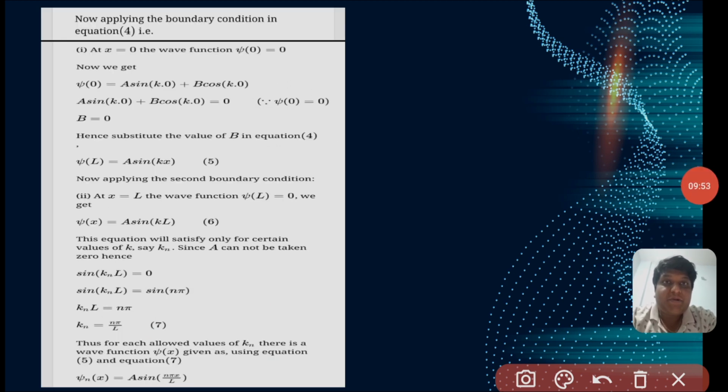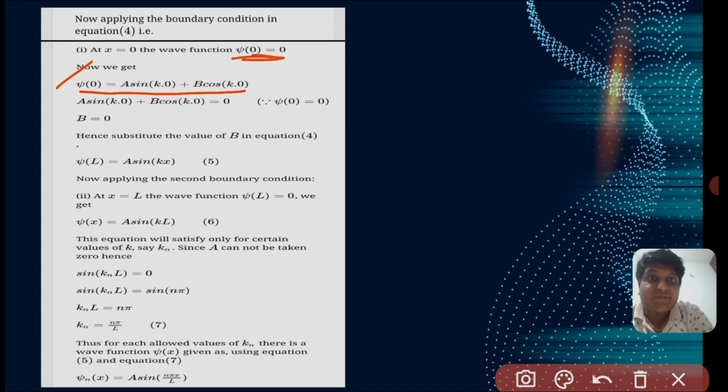Now, applying the boundary condition to equation 4, at x is equal to 0, the wave function ψ(0) is equal to 0. Now we get ψ(0) is equal to A sin(k·0) plus B cos(k·0). Since we know that ψ(0) is equal to 0, B becomes 0.